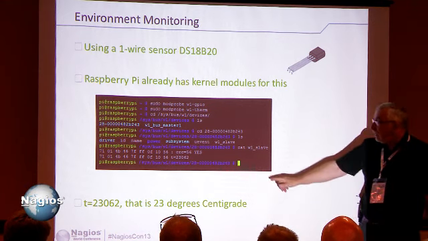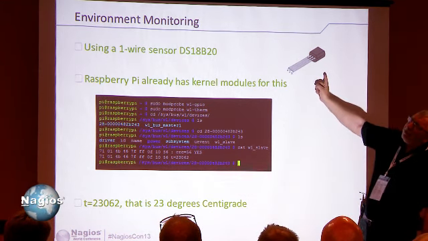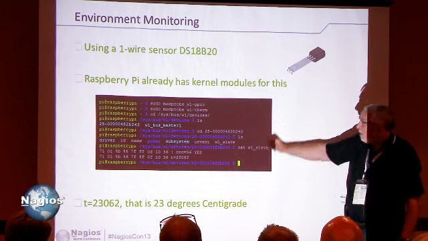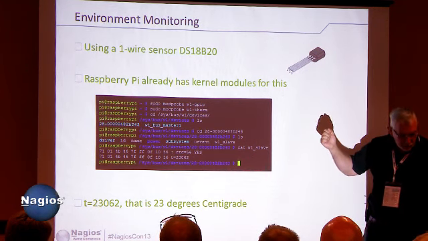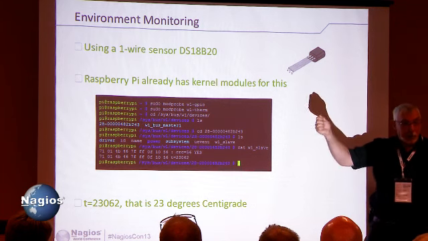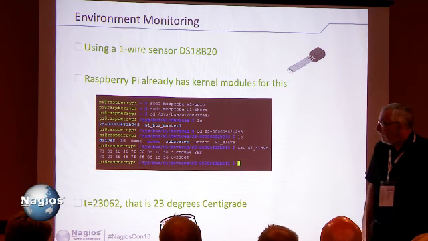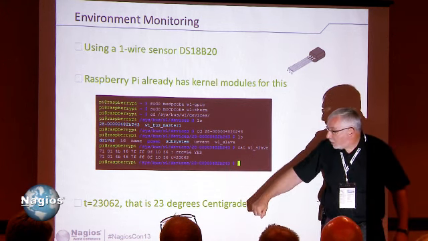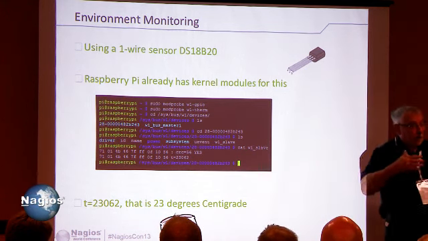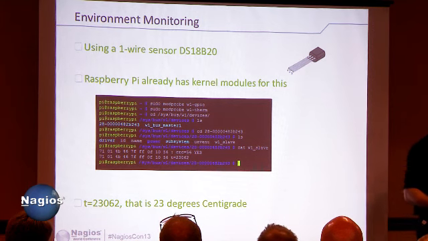So immediately, $12, thereabouts, and then I think for $18 I can get a 2-meter armoured one-wire temperature monitor. You put it in there, you give it a go, and it pumps out the temperature. Well, it's good enough. Anything that gives me a temperature, I can then work with in a script and feed it to Nagios to do stuff.